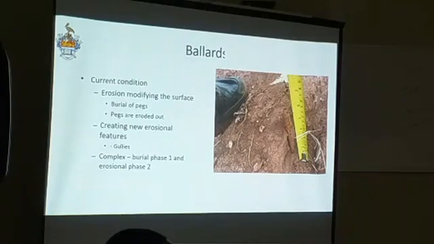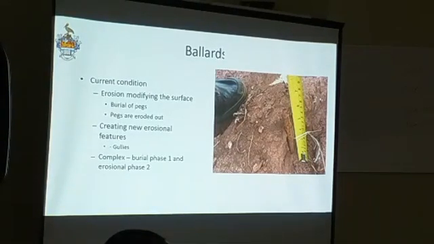The beauty about having all these pegs is that we have installed an automatic weather station in close proximity to where we're pegging the site. So we can do a correlation of the weather system, the amount of rainfall being produced, as well as the erosion, and combine those data so we can use it in our modeling.